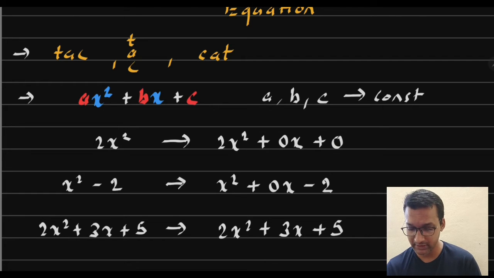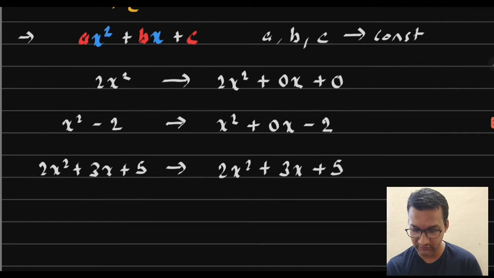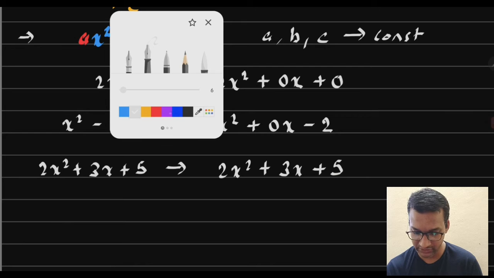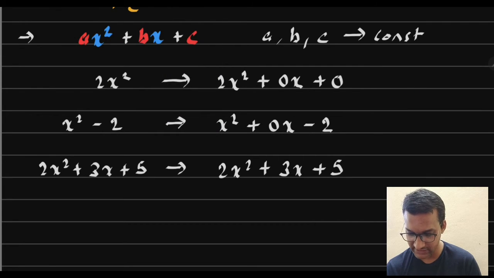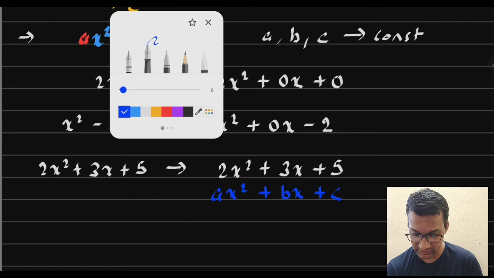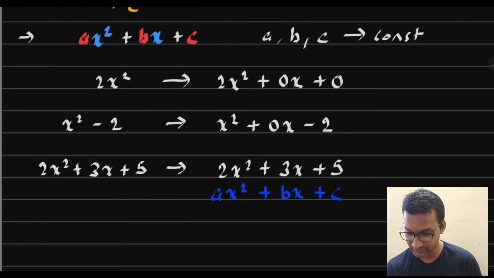Now if you compare these equations with the standard form, ax square plus bx plus c, you will get what a, b and c are in all these equations. In the first equation a is 2, b is 0 and c is also 0.